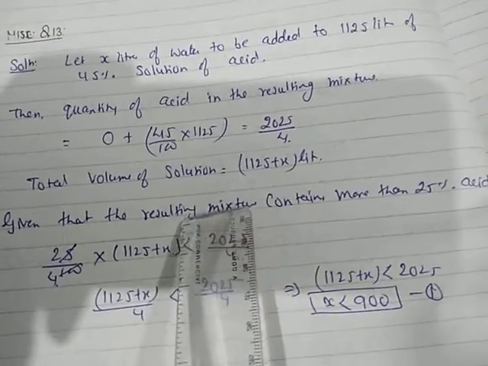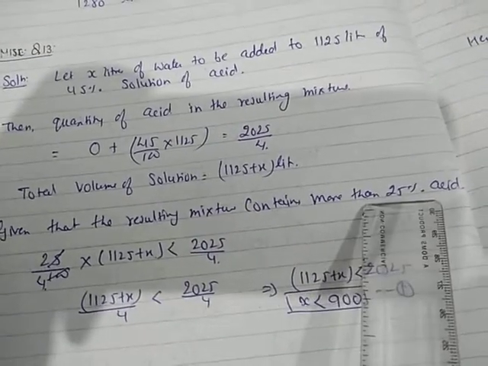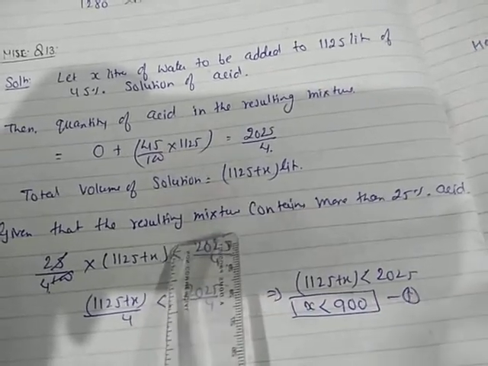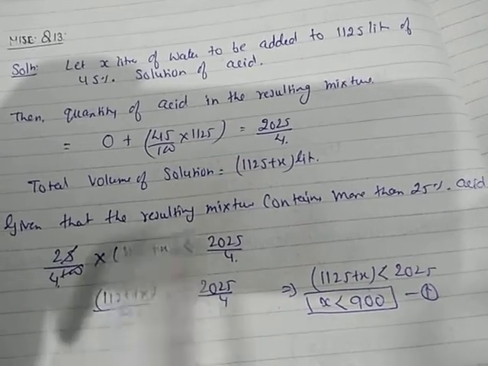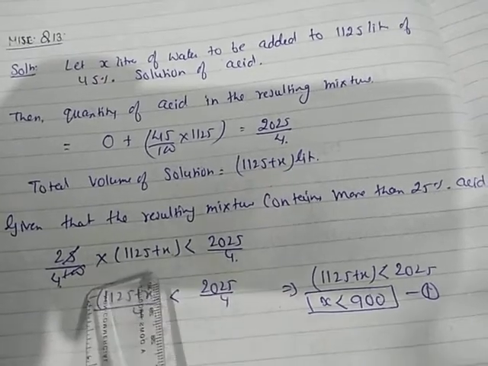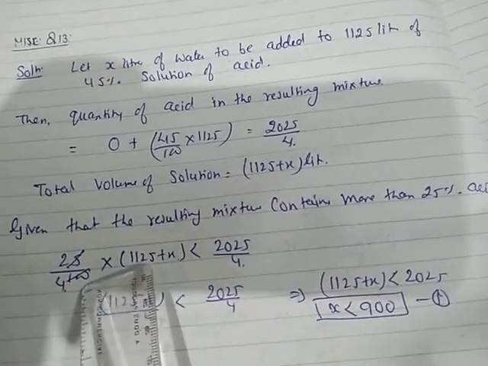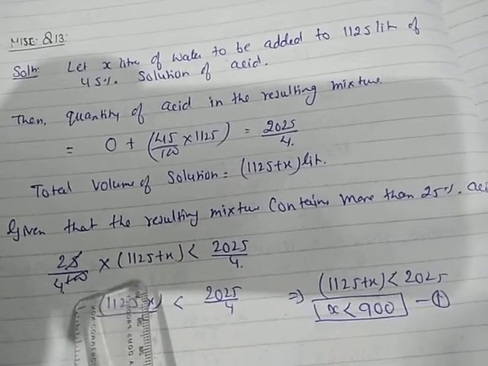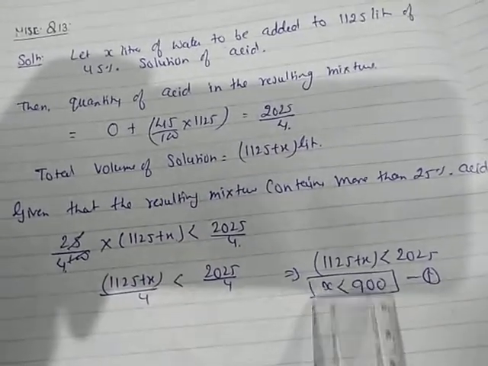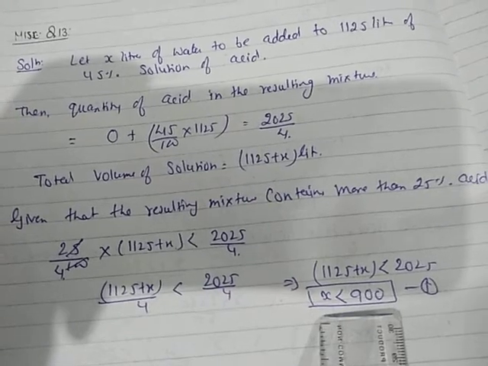Then as per the given question, it should be greater than 25% but less than 30%. Therefore, this value is greater than (1125 plus X) into 25/100. That means X is less than 900 liters.